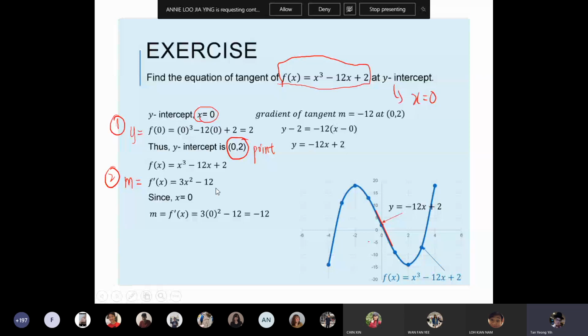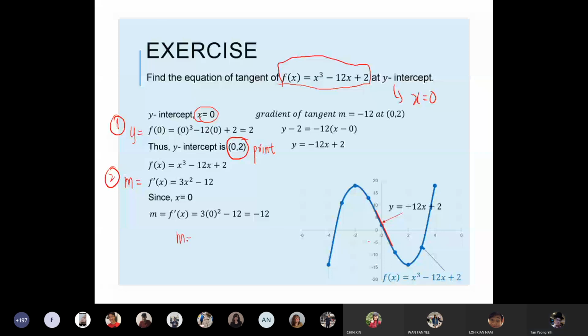Now substitute x equals 0 to find the slope at this point. So substitute 0 inside, and we get negative 12. We know now the slope is negative 12. Finally, with the slope negative 12 and 1 point, we know that the tangent is a straight line in the form y equals mx plus c.